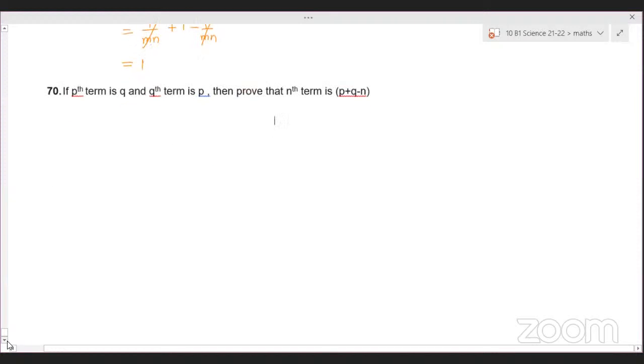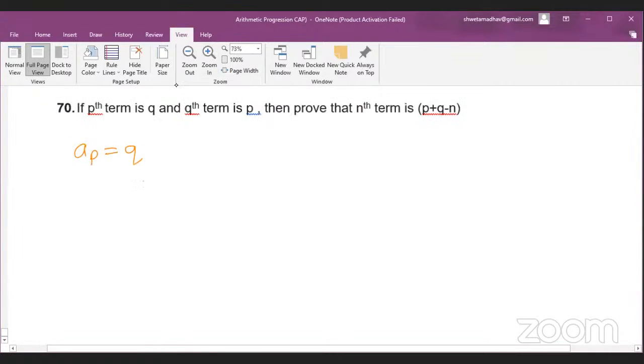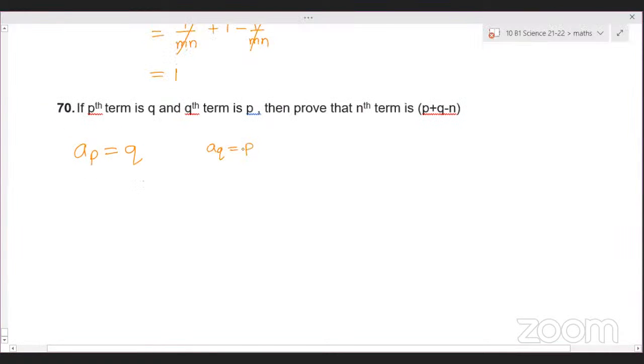So how to prove this? First write down the given things. The pth term Ap is equal to q, and Aq is equal to p. Then we have to show the nth term is p plus q minus n. How to write the formula for the pth term?